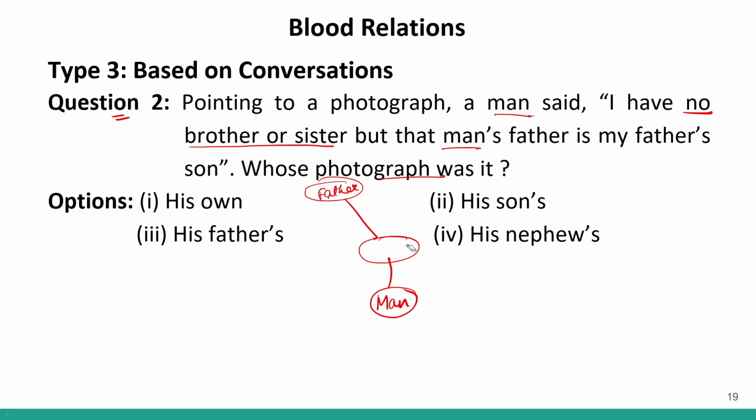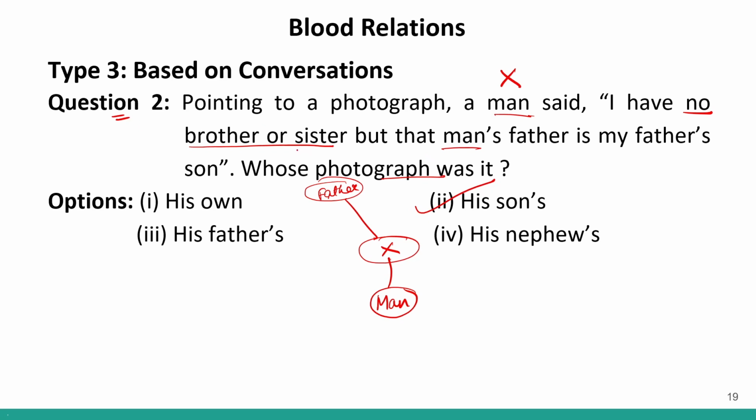Let's say the person is X. I have no brothers or sister, but that man's father is my father's son. So X will be over here. So whose photograph was it? It was his own son's photograph. So the answer will be option number 2, his son, since he does not have a brother or a sister.